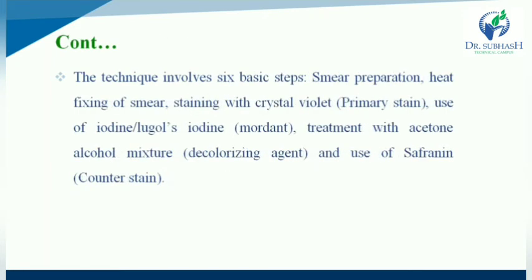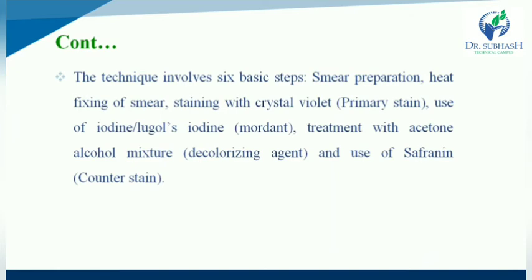The technique involves six basic steps. First one is smear preparation. How is smear preparation done? Take a bacterial culture with the help of a loop, and place it on a glass slide.